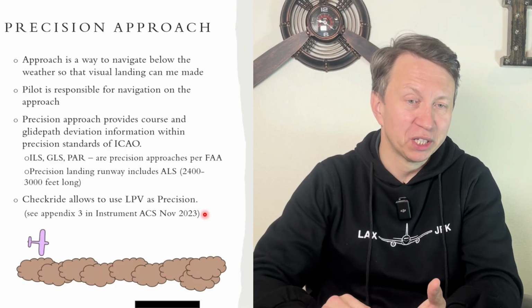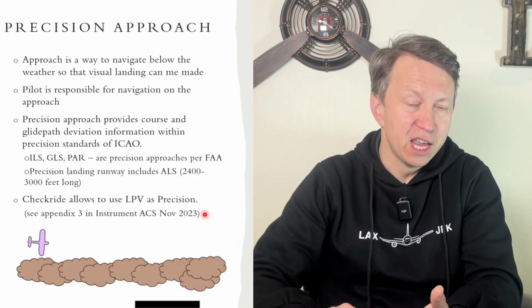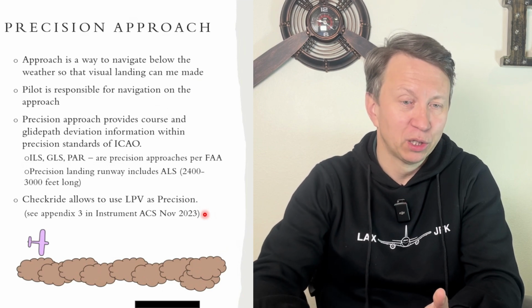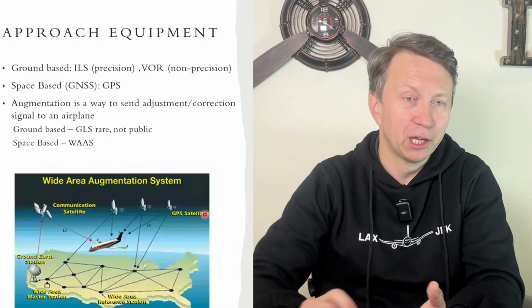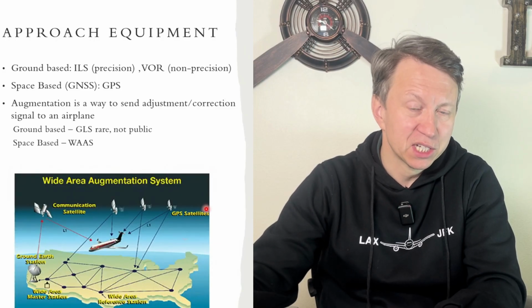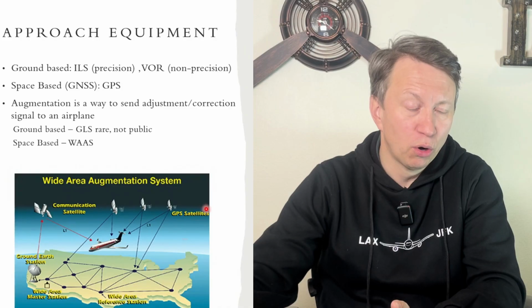LPV is approach with vertical guidance. ILS is a precision approach. Both have decision altitude and very similar sensitivity scaling. Quick reminder on what the GPS system with augmentation is. We have GPS satellites. That's a separate constellation that rotates around the Earth.